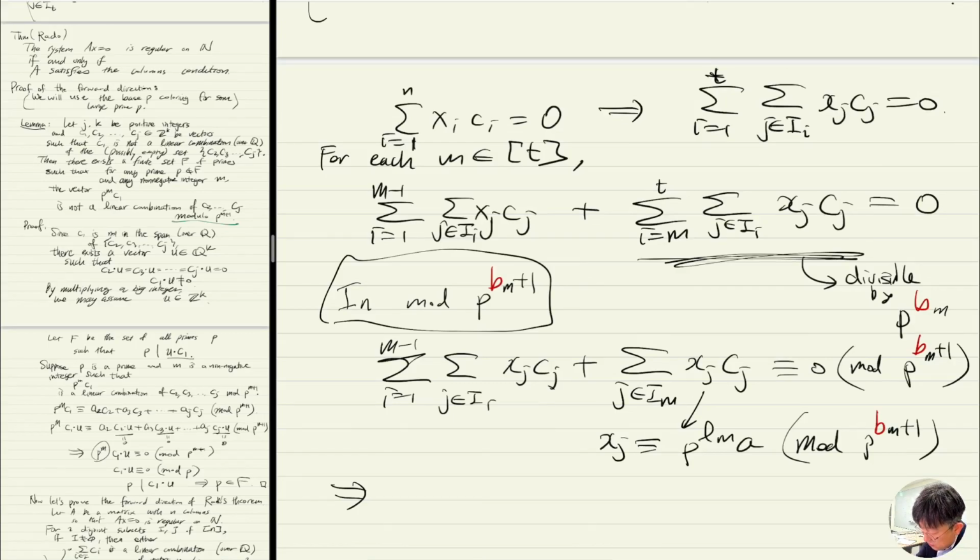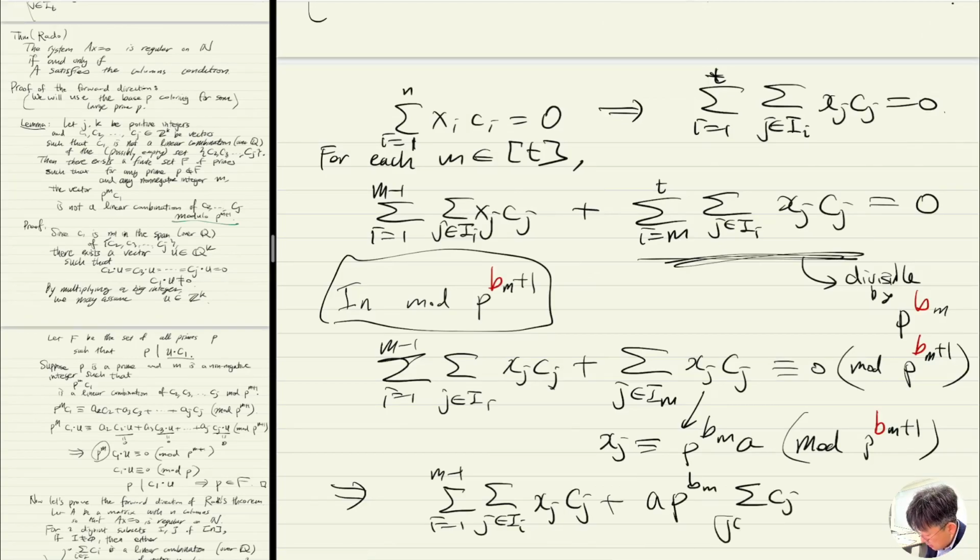Right, and therefore what we end up with is this: a times p to the bm times the sum of cj is 0 modulo p to the bm plus 1.